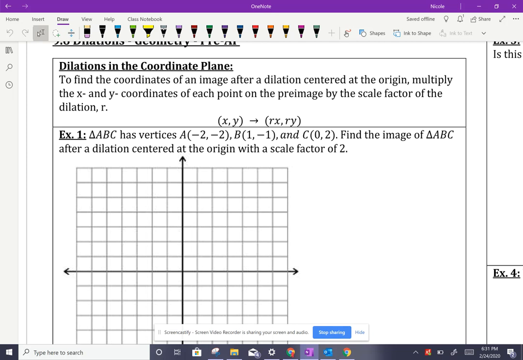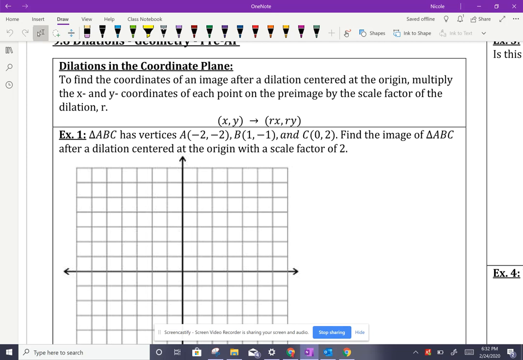So in order to do this, to find the coordinates of an image, so remember an image is the new shape or new point that you're creating after you're doing something to it, after you're manipulating it.